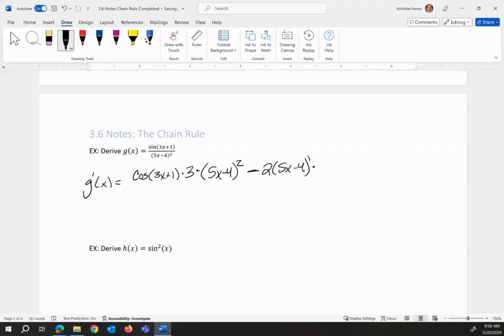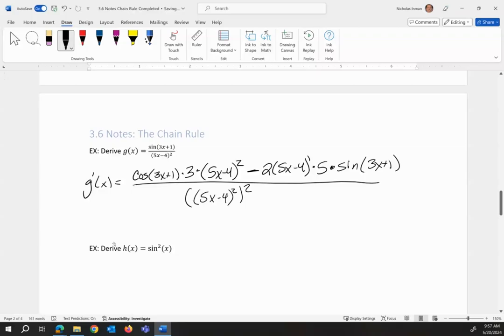So derivative of the bottom would be 2 times 5x minus 4, but times the inside stuff, derivative. Derivative of 5x is just 5, derivative of 4 is gone. So derivative of the bottom times the top left alone, all over the bottom squared.